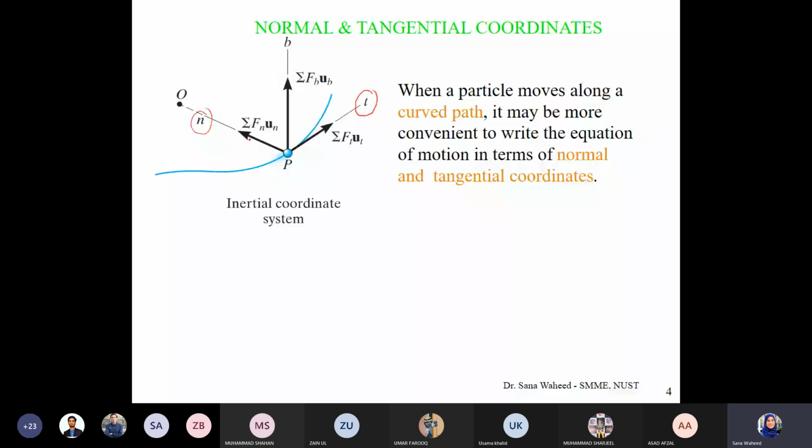Okay, so these two we are familiar with, and for the NT coordinates we tend to place our origin at the particle itself. So our inertial frame of reference would be, so to speak, the Earth, and then the NT coordinate system would be placed at the particle. Now there's just one thing which is new here, which is that I'm looking at this curved path in 3D. अभी हम ये पहली दफा I've started to look at the normal and tangential coordinates in 3D.